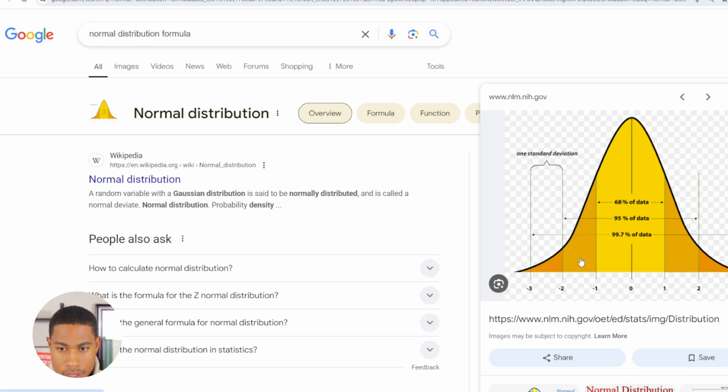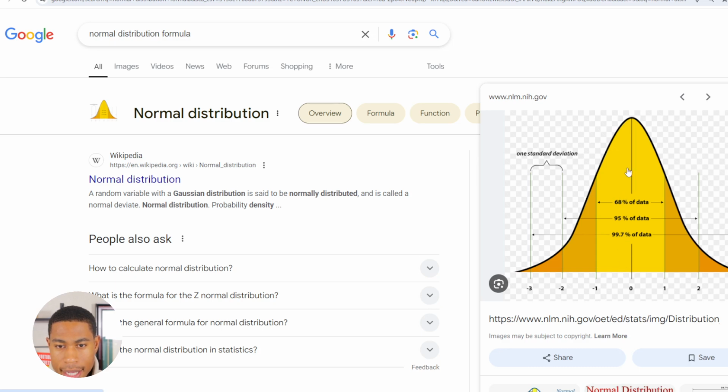these individual sections share a percentage of the data. So if you're going from -1 to 1, you will have 68% of the data.